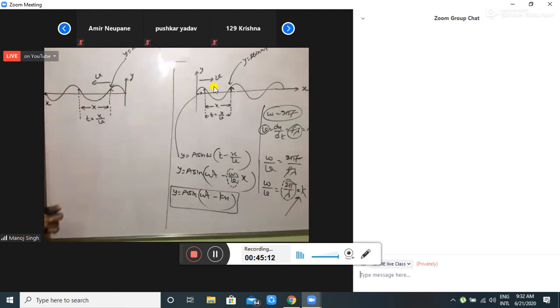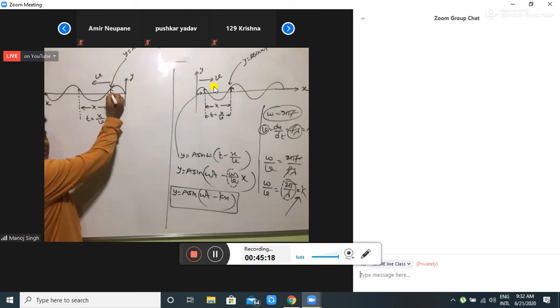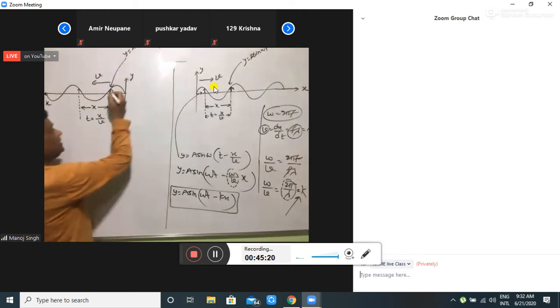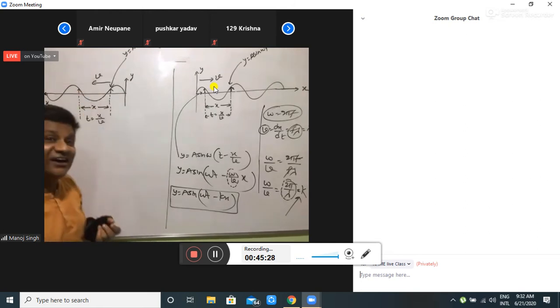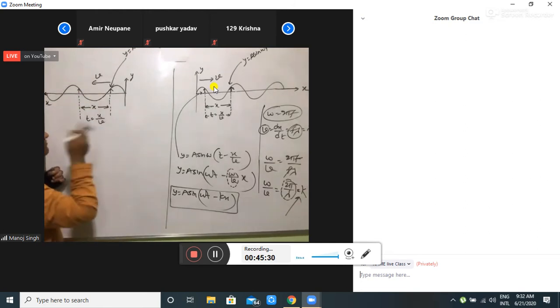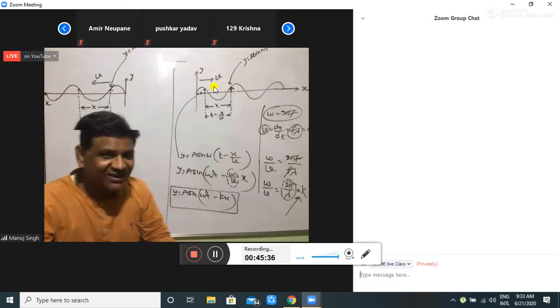Now this particle is disturbed at a time t. With respect to this particle, the other will be disturbed after which time? t plus x by v. So it should be clear in a class here.